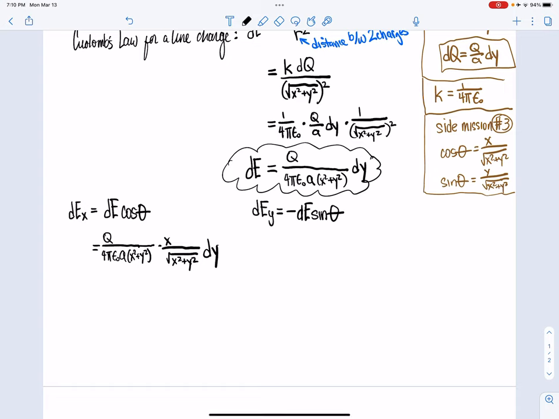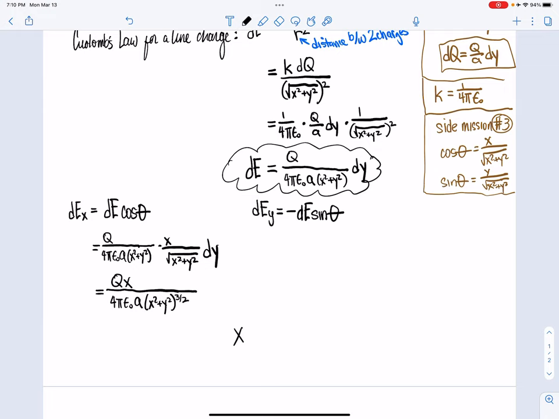And I could bring those together, the x squared plus y squared. So I would get qx divided by 4 pi epsilon naught times a, and then x squared plus y squared to the 3/2, right?